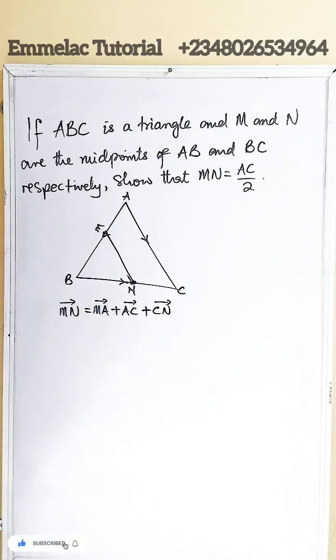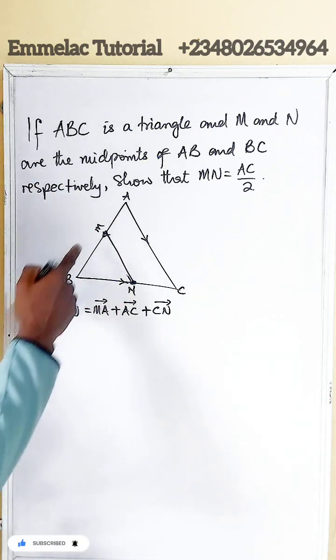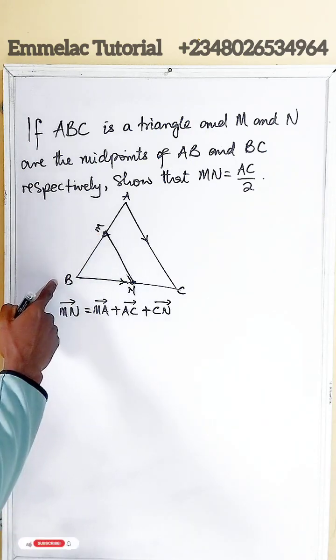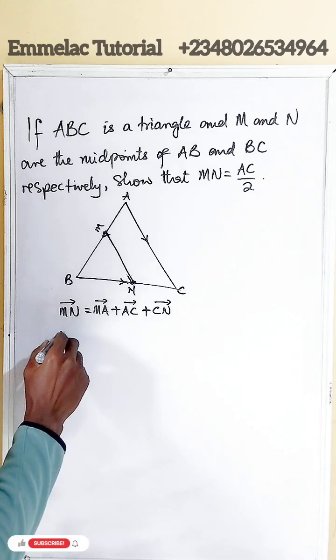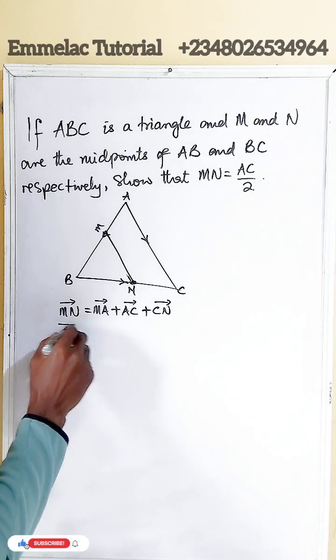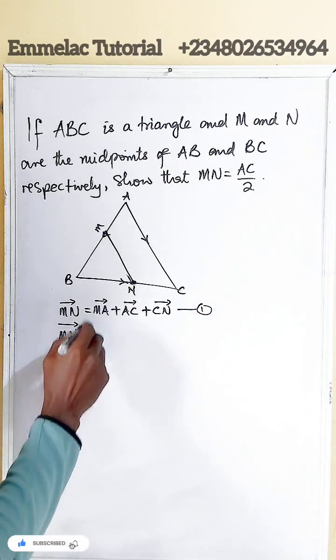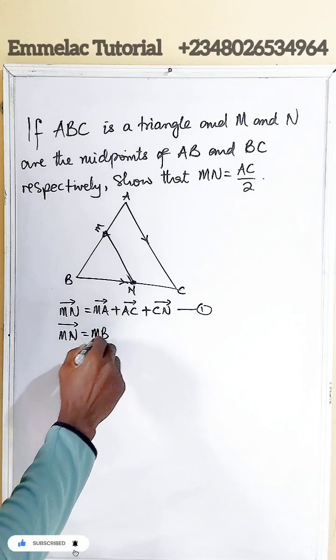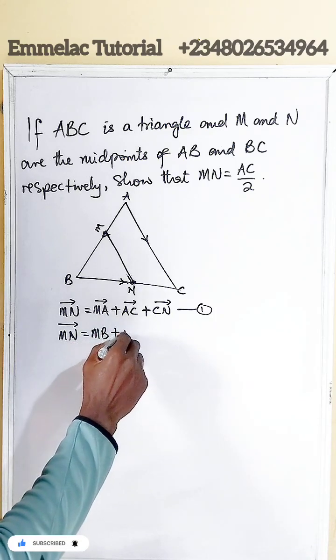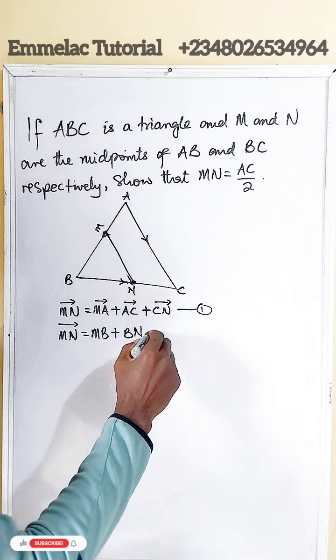Okay, now another way you can start from M and end at N is going from M to B, from B to N. So let's make this equation 1, and MN equals MB plus BN, equation 2.